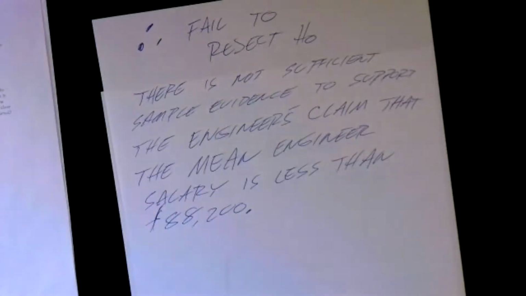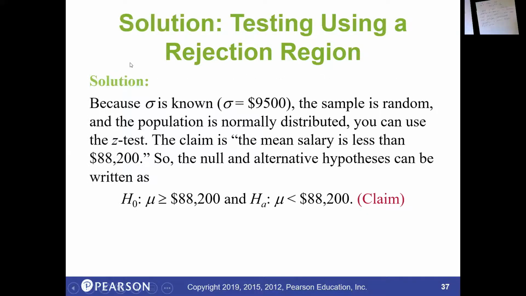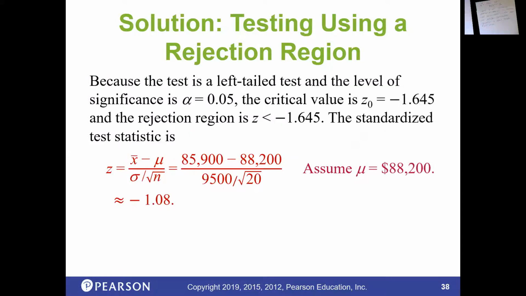So let's go back to the text. State the claim and the hypotheses. Again, I don't agree here. I think you should draw the picture first before you compute the test statistic. We find the critical value for Z that separates reject from fail to reject.